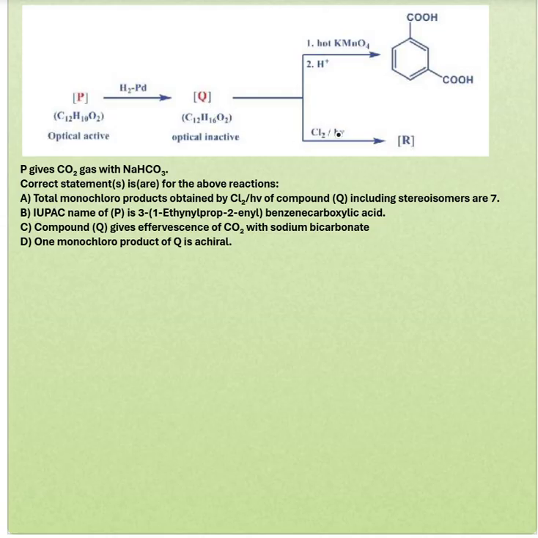The same molecule upon halogenation forms, say, product R. This P molecule gives carbon dioxide with sodium bicarbonate. So this is the information given in the question. Now you are supposed to choose the correct statement or statements for the above series of reactions from the options.